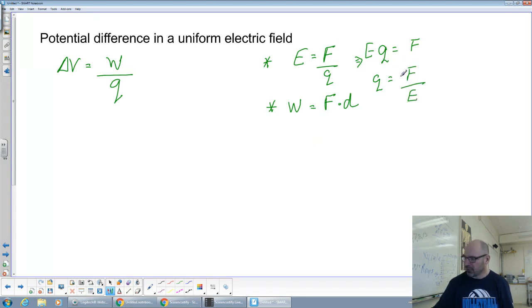If we plug this one into there and this one into there, we can get another equation for a uniform electric field. So let's put in work, which is FD, force times distance moved. Plug that in. Let's plug this one in for Q. Q is F over E.